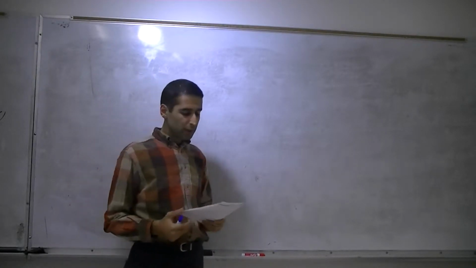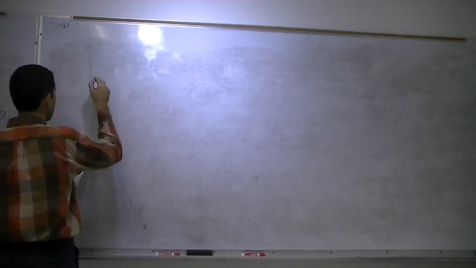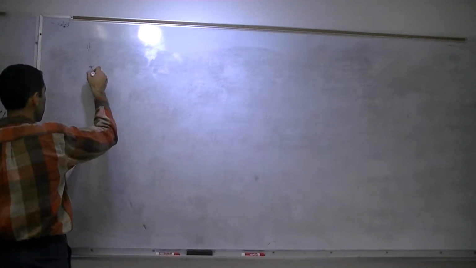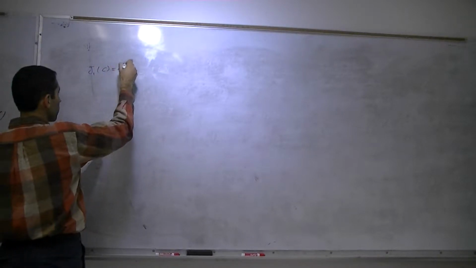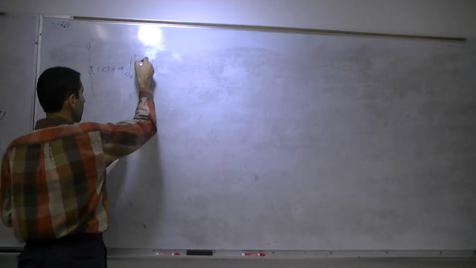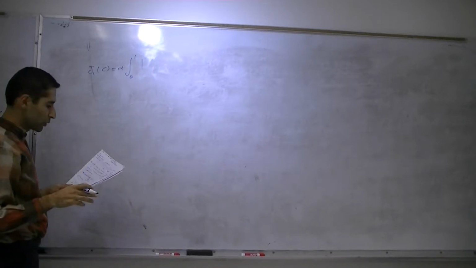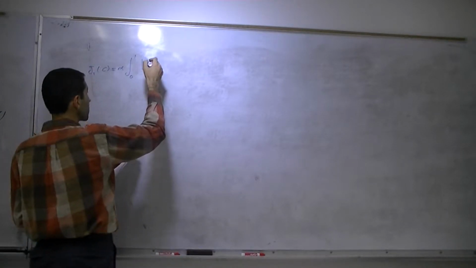In the snake model, there is an objective function, we call it J1 of C, which is equal to alpha times the integral from 0 to 1 of the absolute value of the first derivative of C. I will introduce each part of this objective function.